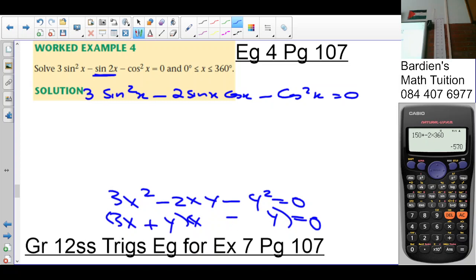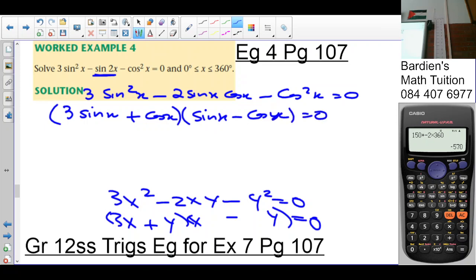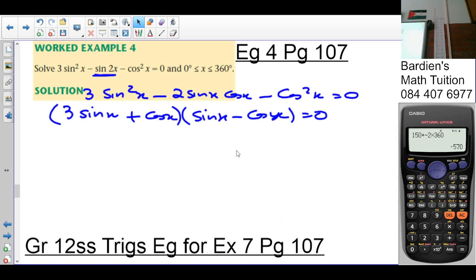So in that case, it would have been 3 sine x plus cos x, and then you have sine x minus cos x. Now we can say that 3 sine x plus cos x equal to 0. So 3 sine x is equal to negative cos x. You apply the zero factor rule.